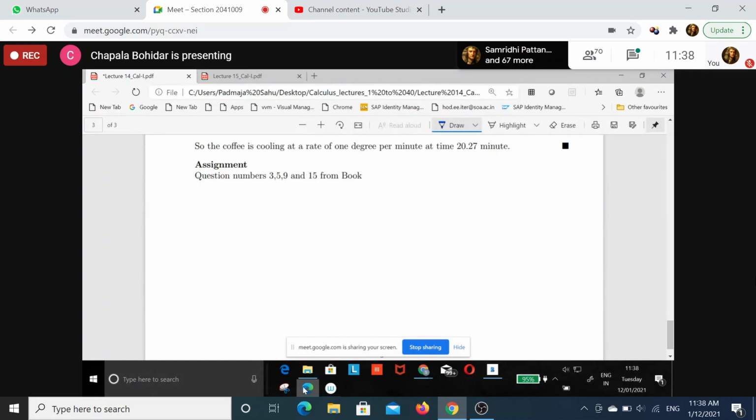A bacteria culture, write down the question. All of you write down the question. A bacteria culture initially contained 100 cells and grows at a rate proportional to its size.